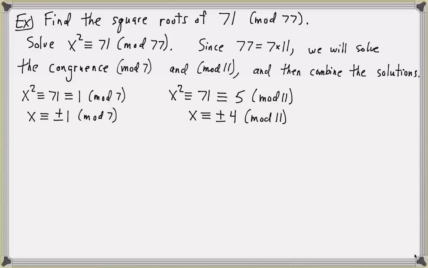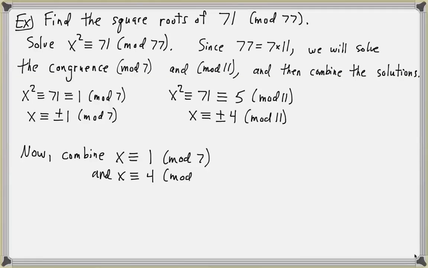So now I'm going to combine the solution x congruent to 1 mod 7, and the solution x congruent to 4 mod 11. I want to find a residue mod 77 that's 1 mod 7 and 4 mod 11.